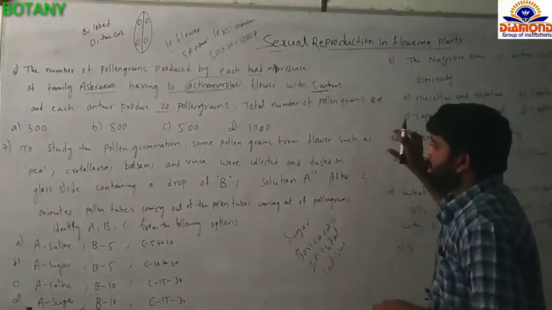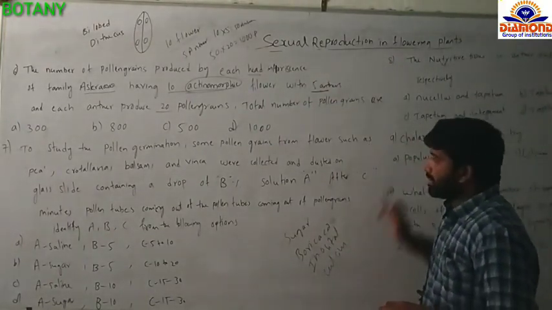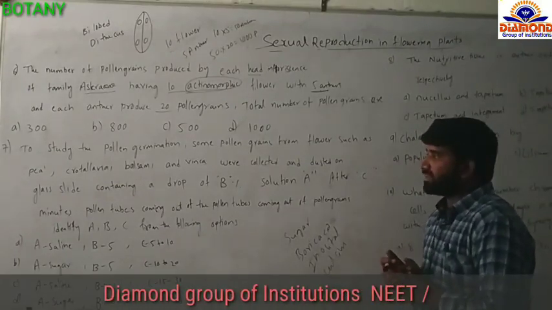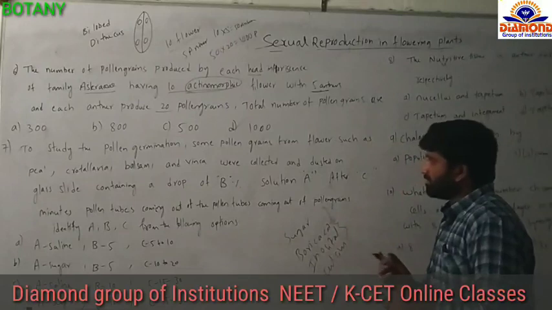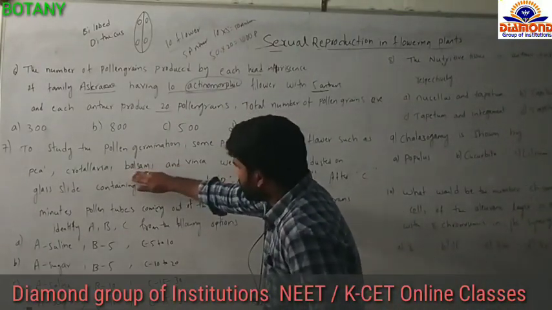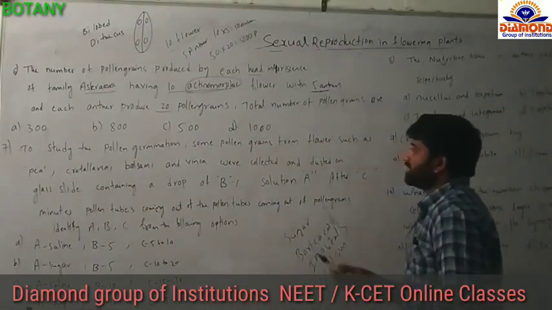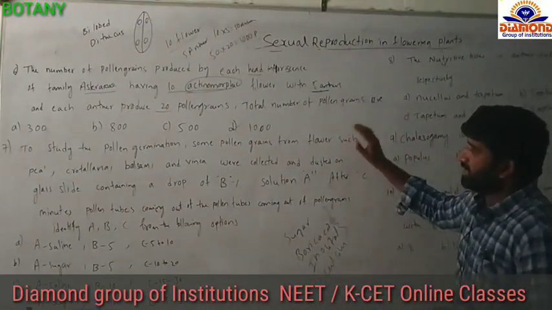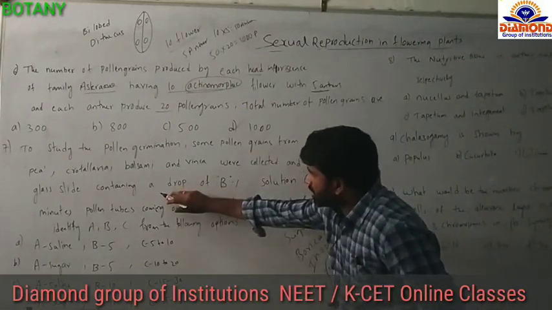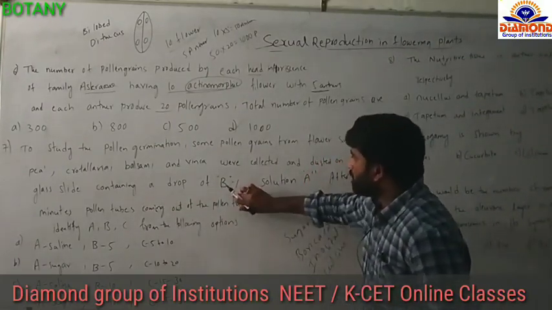It's a direct NCERT question. To see the germination of the pollen grain, we have to use these chemicals. They have given different plants' pollen grains, such as pea plants, wingclover, and blossom, collected on a glass slide containing a drop of B percentage.